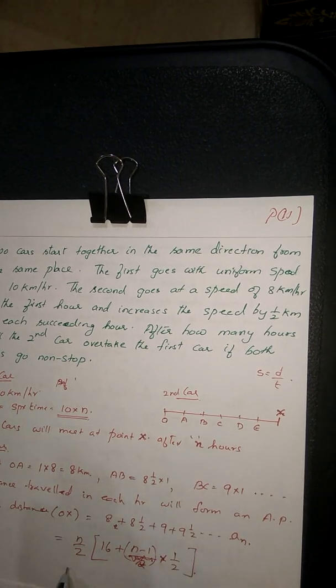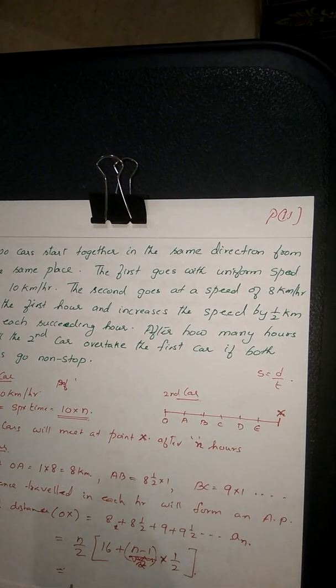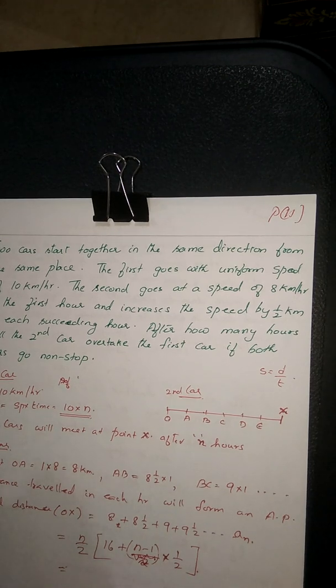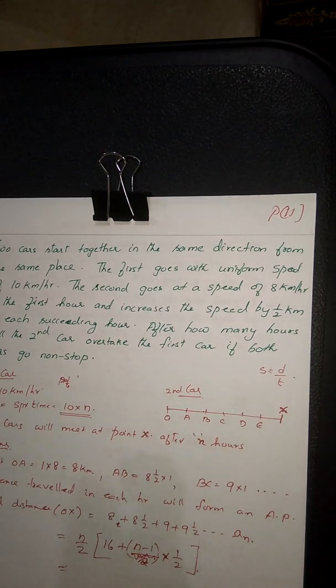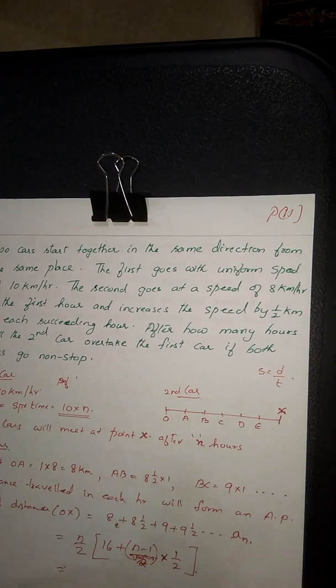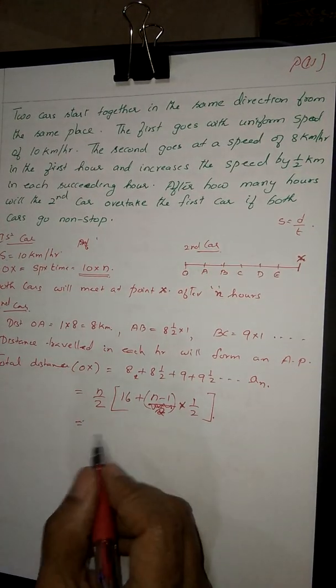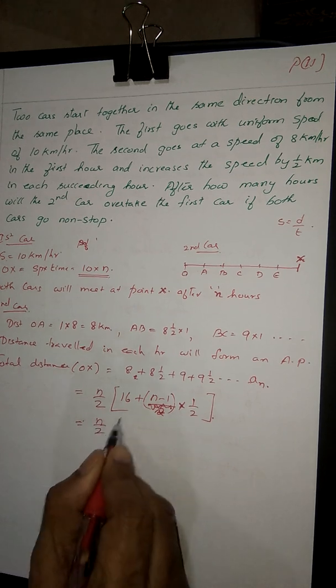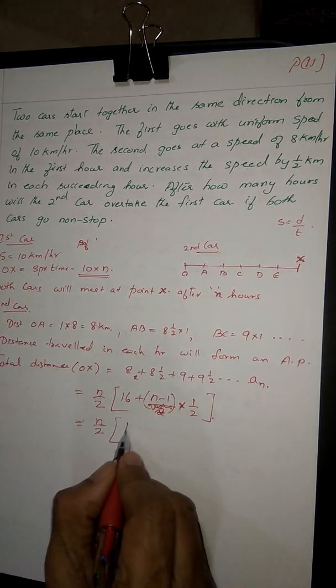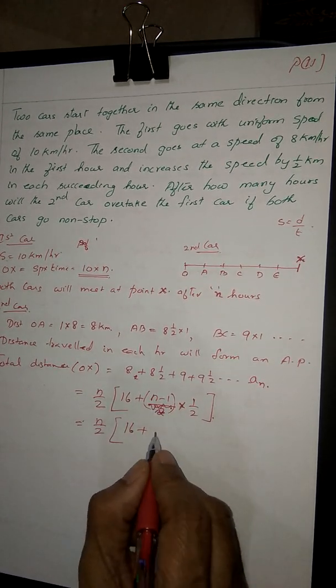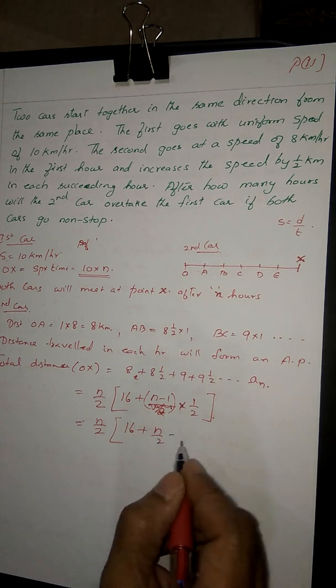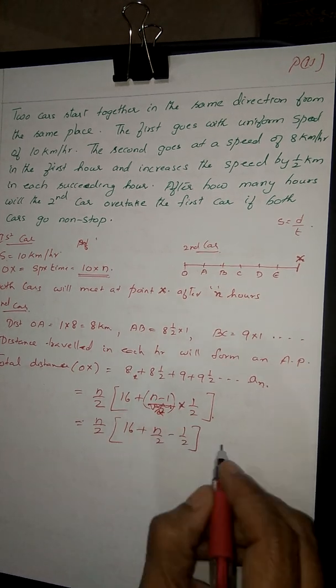So this is equal to n by 2 into 16 plus n by 2 minus 1 by 2.